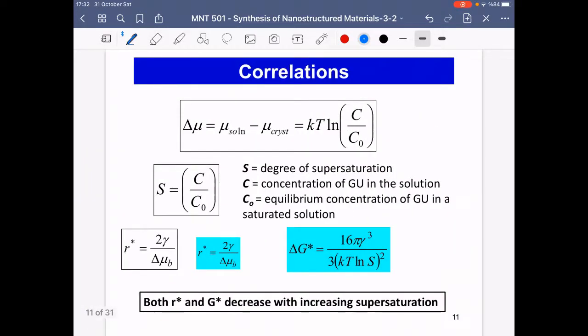Okay. And then this is the degree of supersaturation, the concentration of the growing units in the solution, the equilibrium concentration of the growing units in a saturated solution. All of this affects my supersaturation value in that sense.